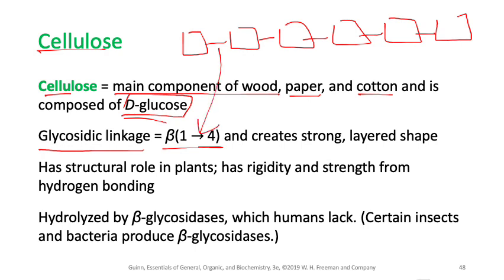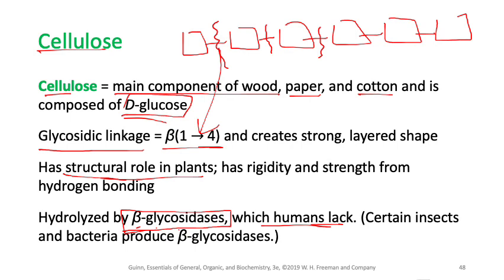And what's the purpose of cellulose in the plant? It gives structural strength to the plant, right? And it has a structural role, and is normally hydrolyzed by beta glycosidase. So the enzyme that is going to break this bond is beta glycosidase, which humans don't have.